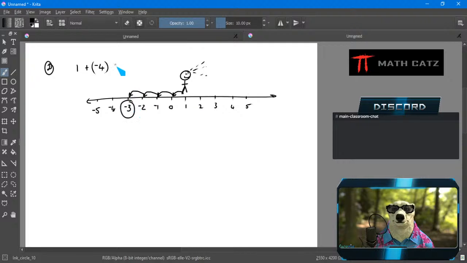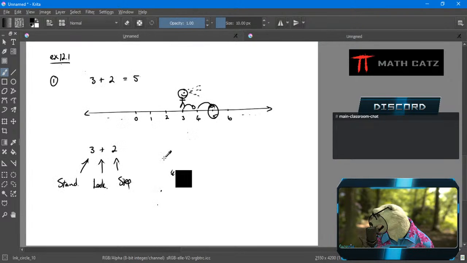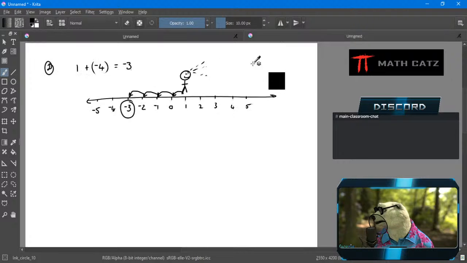And that's my answer, which we knew is the answer. So it's very important because you're welcome to write words and sentences, of course, but my diagram should very clearly illustrate the stand, the look, the step. There's a 3-step process here.